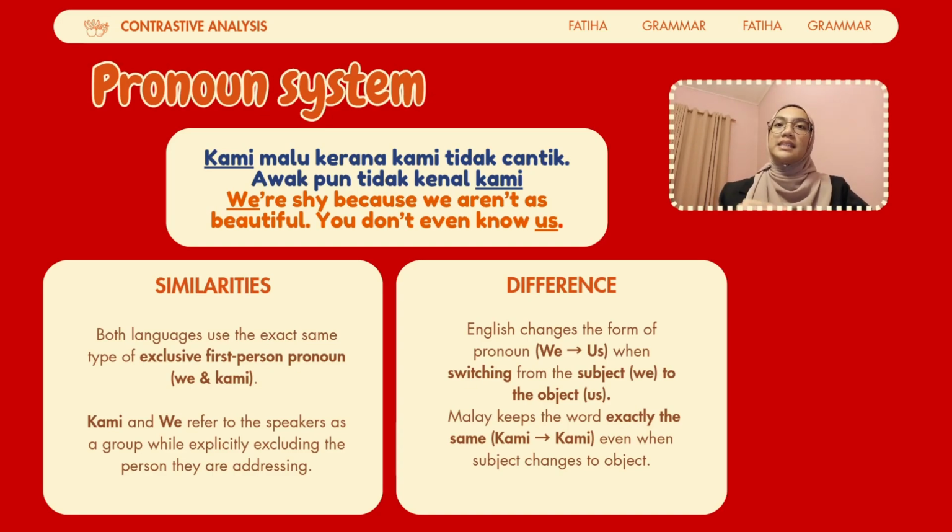But the moment the exact same group of people moves to the back of the clause to become the object receiving the action, the word becomes us, not we anymore, because now it is an object. In contrast, Malay pronouns do not really care about these grammatical slots. They are structurally rigid. Whether the pronoun is operating as the subject or an object, it's still going to be kami.